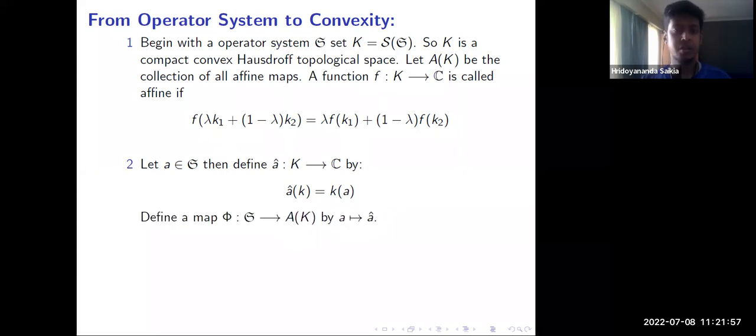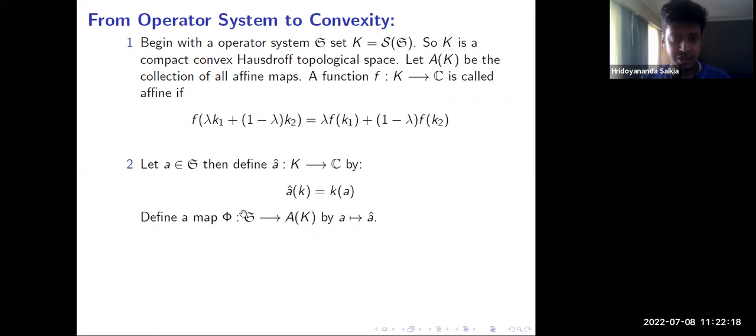So that's how we get a map capital Phi from the operator system S to A(K), the set of all affine functions on K. The map is sending a to a-bar, a-hat. Now note one thing.